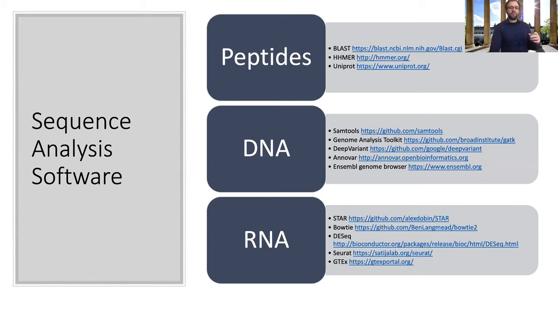For this purpose, you use tools like ANNOVAR, and this process is called, by the way, variant annotation.